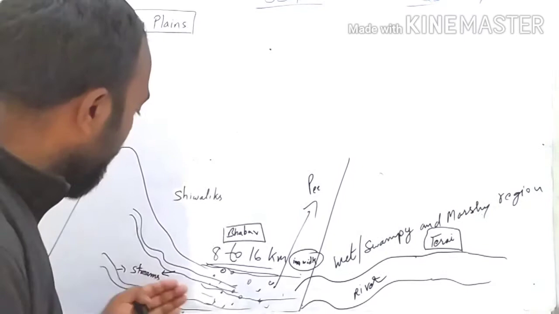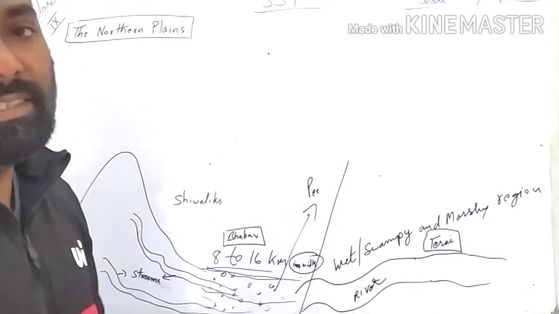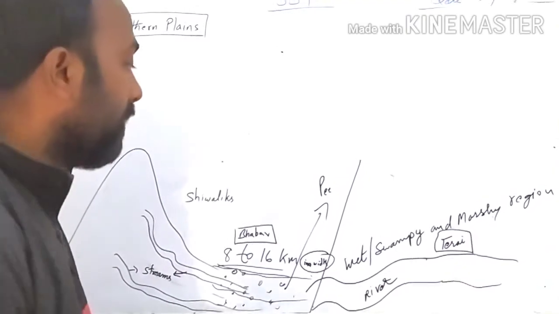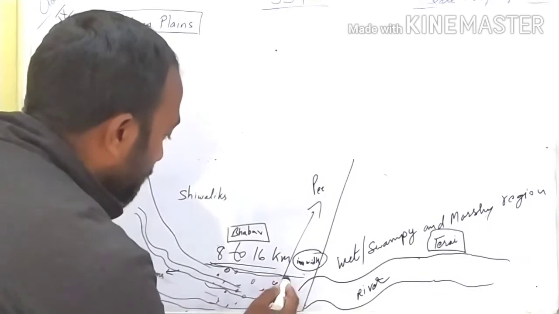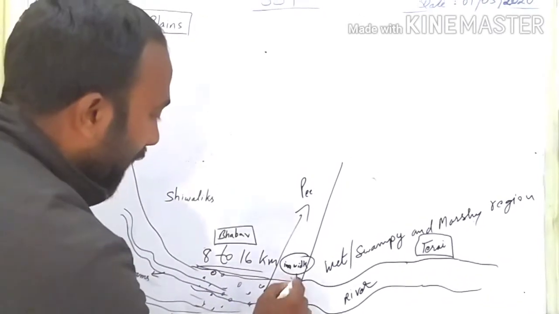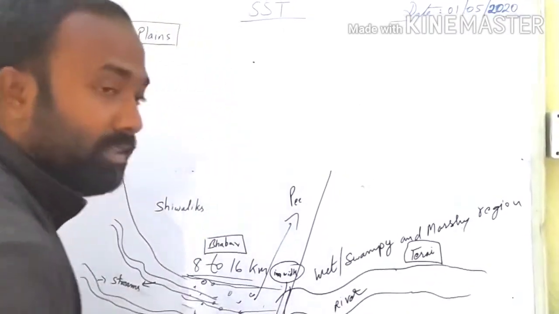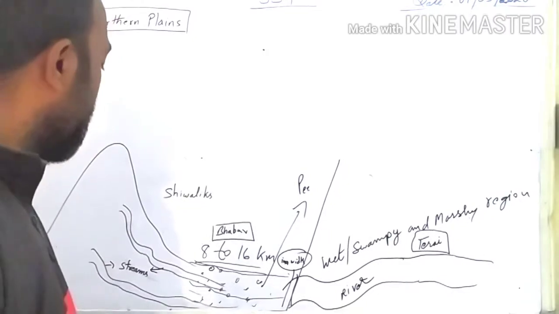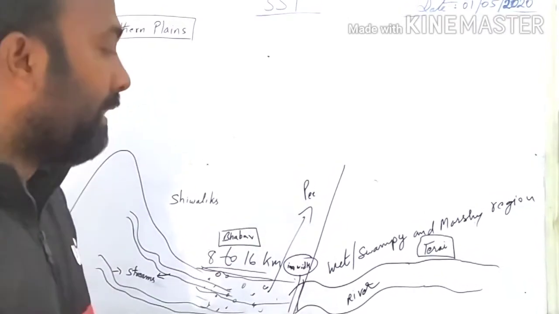That means the stream ends in the Bhabar and emerges as a river in the Tarai region. That means the Bhabar lies between 8 to 16 kilometers at the foot of the Shivalik, and as soon as the Bhabar ends, there is the birth of a river. The streams get changed into a river, that is, it takes the form of a river.